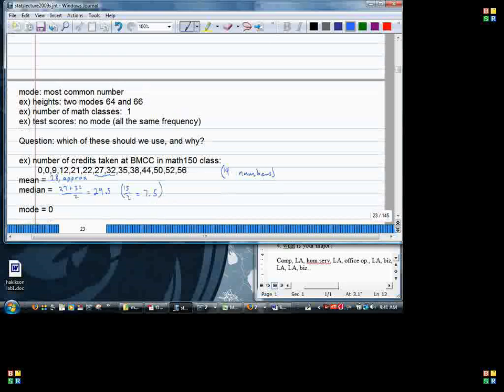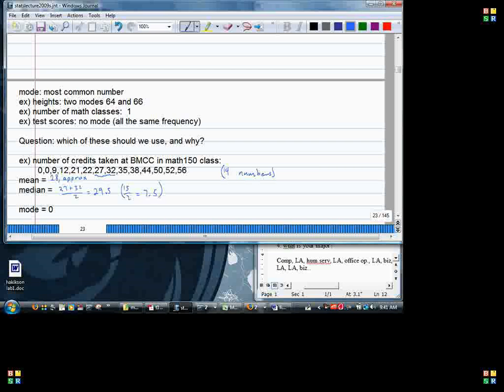Alright, I see how you really can't use the mode in this one, right? But there are many cases where you can use the mode. It's typical, not always, but often the mode is actually somewhere in the middle of your data.